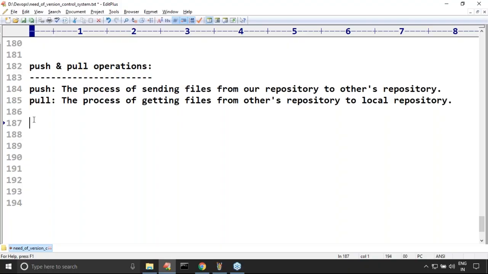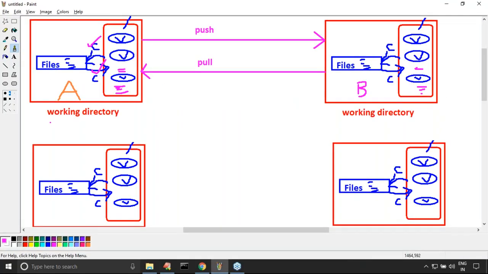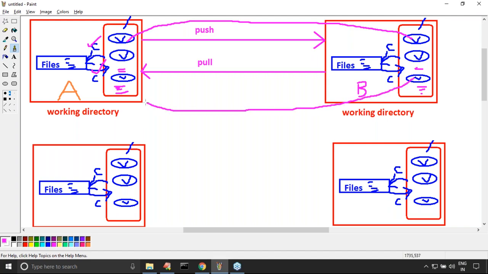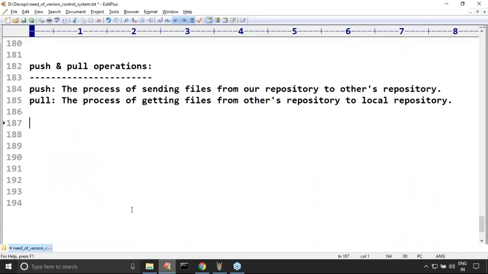First be aware of this. If you observe at a very top level, sir, push operation is happening from this repository to this repository. Pull operation is happening from this repository to this repository. So these operations, push and pull, will be performed between two repositories.